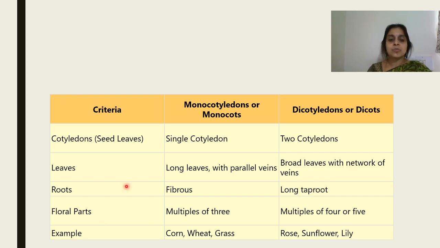Floral parts in monocotyledons are in multiples of 3, and in dicots they can be multiples of 4 or 5. We can see the petal arrangement, whether it is 3, or 4 or 5, so it is trimerous, here tetramerous or pentamerous. Examples of monocots: corn, wheat, grass. Examples of dicots: rose, sunflower, and lily.